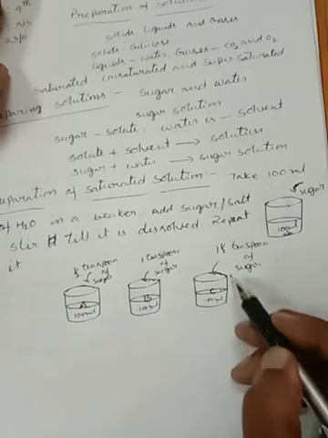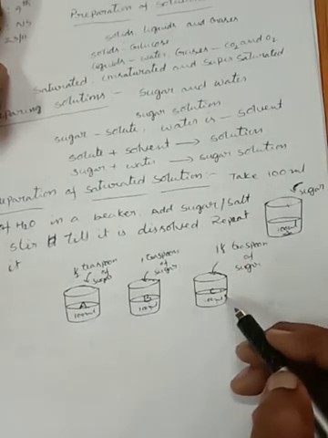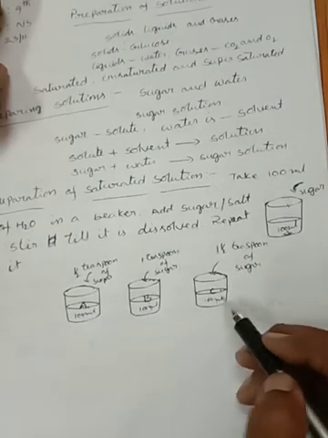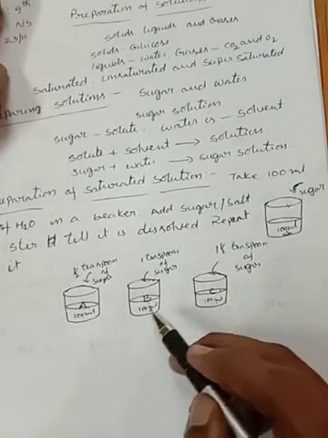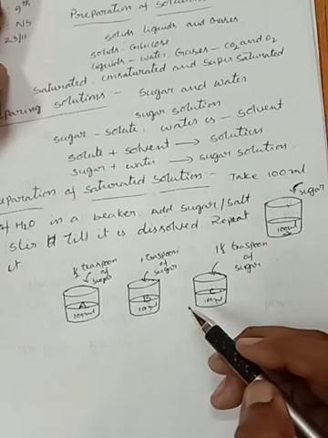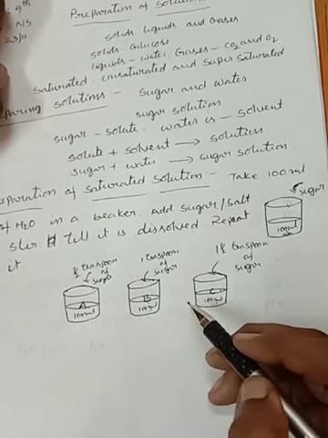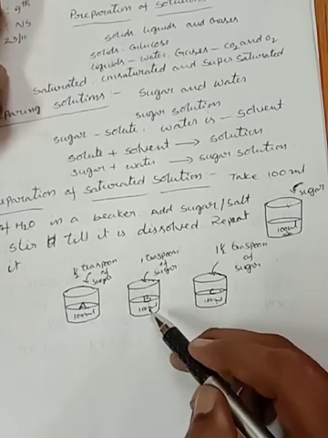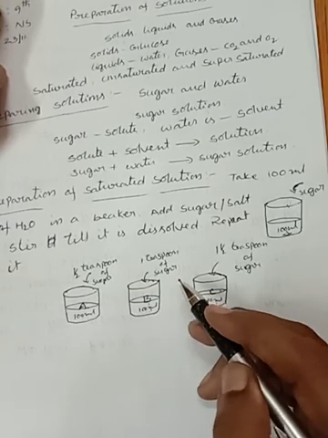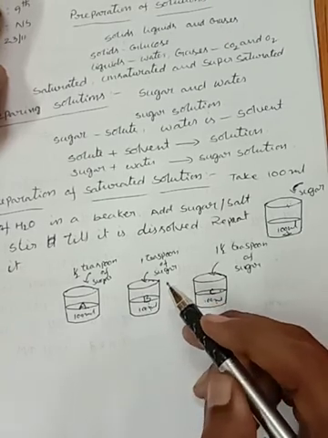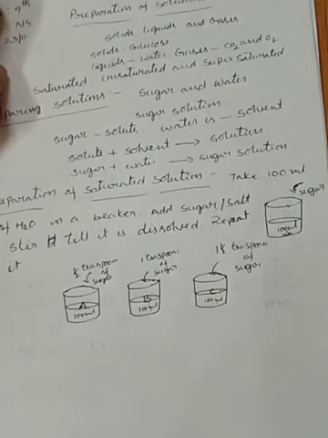In beaker C, 1.5 teaspoons of sugar solute is present. So solutions with different amounts of solute dissolved in them are solutions of different concentrations. The amount of sugar present in the 100 ml of water is the concentration of sugar.